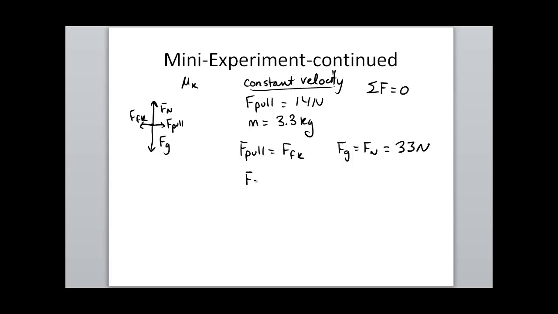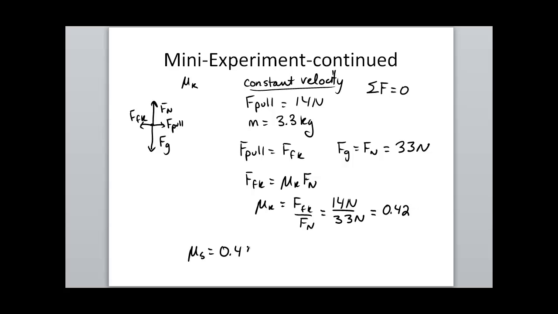So we've got the force of kinetic friction has to be equal to coefficient times the normal force, or the coefficient is the ratio of the frictional force divided by the normal force, which is equal to our 14 newtons over the 33 newtons. And when we solve this, we get 0.42. So if we go back to our previous results, we found that the coefficient of static friction was 0.48, while the coefficient of kinetic friction was 0.42.